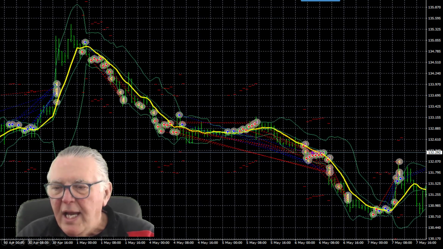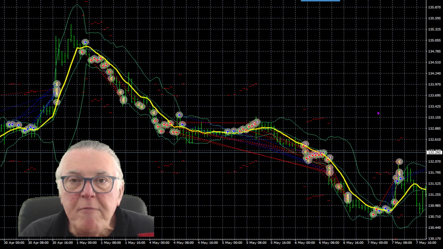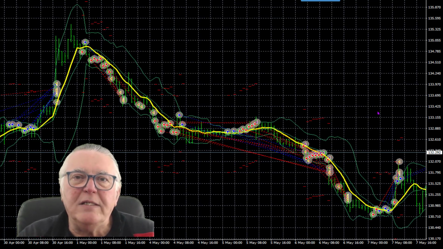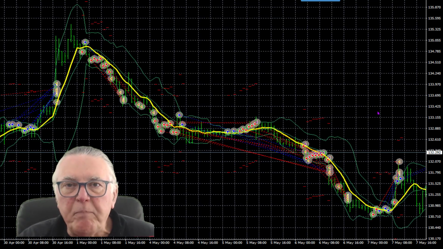There's the expansion, and you start selling again. Then you come to the same situation again. In spite of the moving averages going down, a whole lot of buys get entered. So we've catered for the trending market, and we have catered for the sideways market, and it seems to be working pretty well in the testing that we're doing.